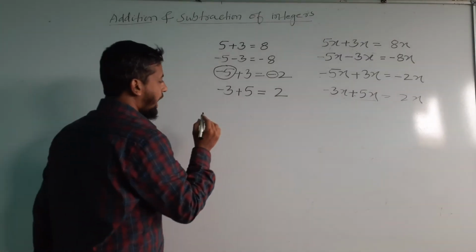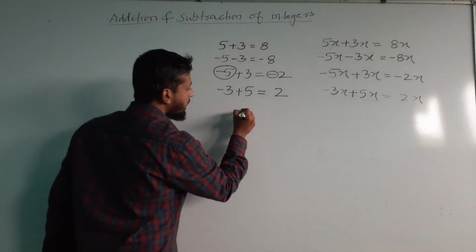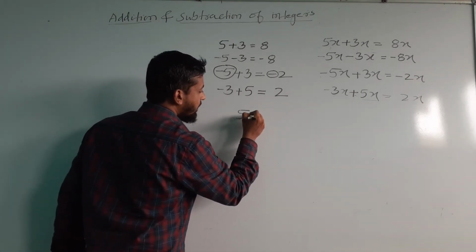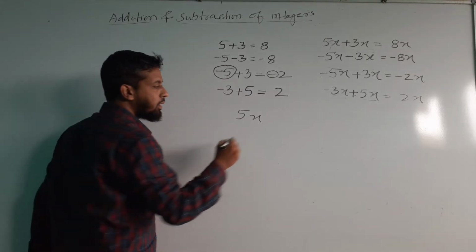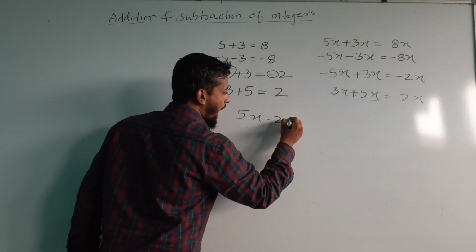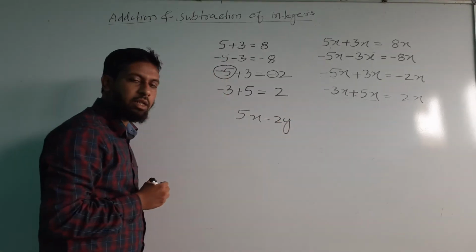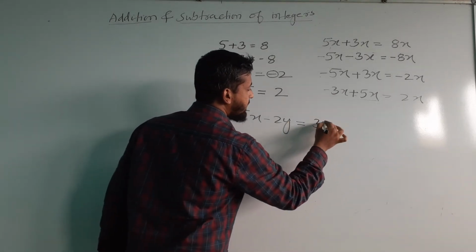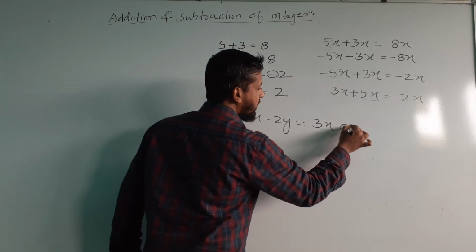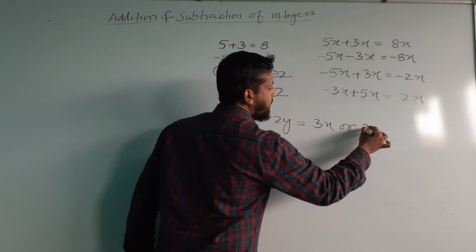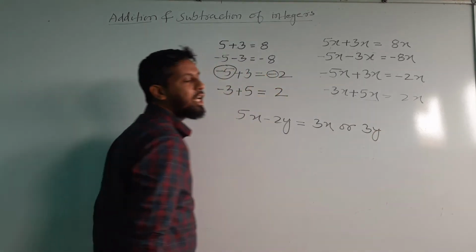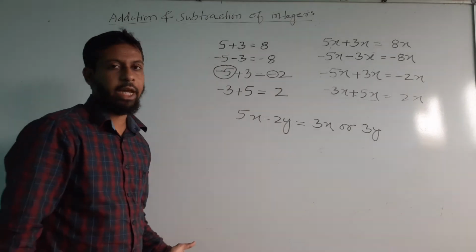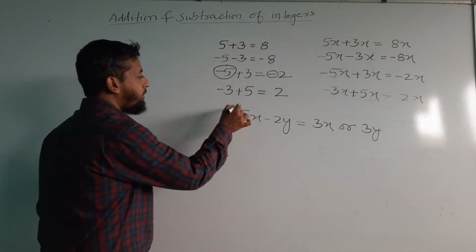Now one more thing I will show you. Suppose it is 5x minus 2y. Some students write it as 3x, or they write 3y. Some students, not all, make this mistake. Now I will tell you something.